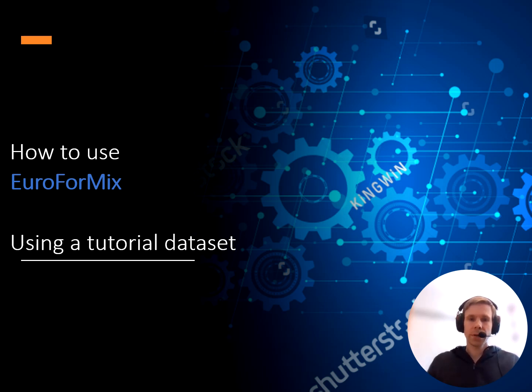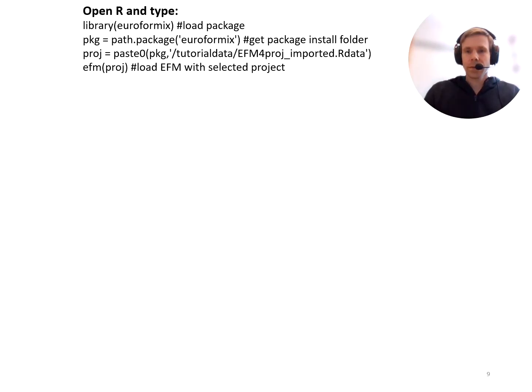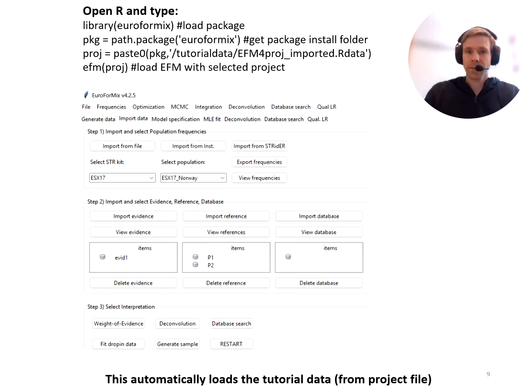Okay, so now we will go through an example for how to use EuroForMix using a tutorial dataset. So we will start off by opening R, and then you copy paste this text that you see here into the R program. When you execute these commands, you will get this window.